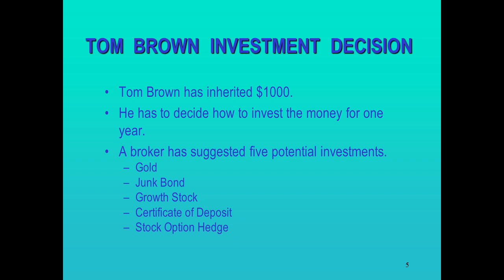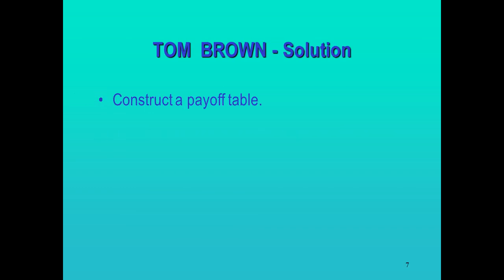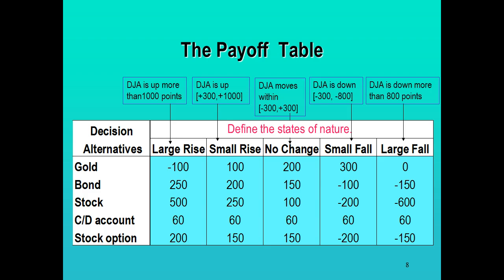He has the gold, junk bond, growth stock, certificate of deposit, and a stock option hedge fund. Now, how well they perform is based on how the market does. Okay? So we say gold, bond, stock, CD, stock option, and here is the future states of nature.